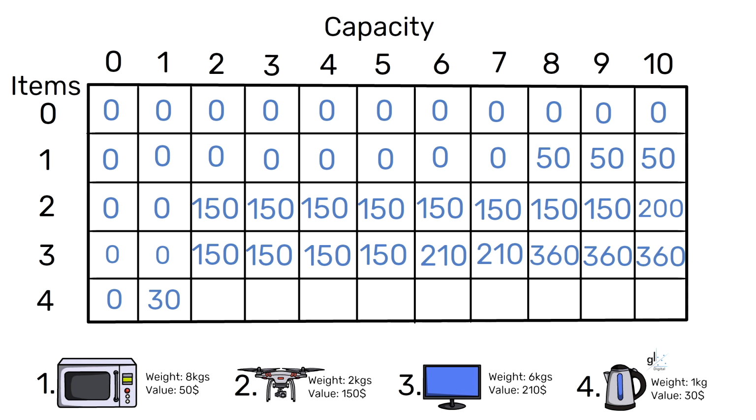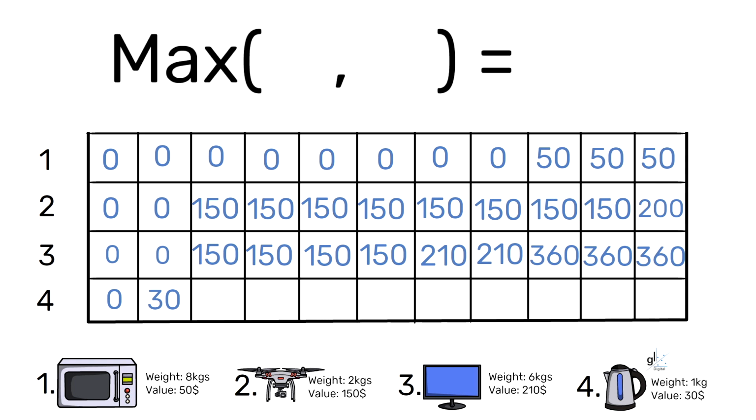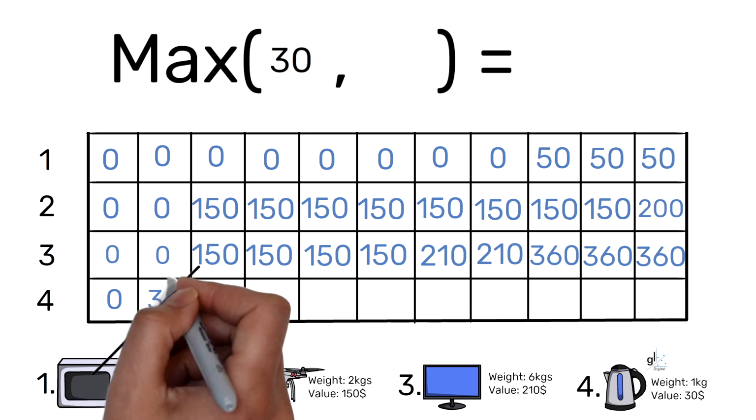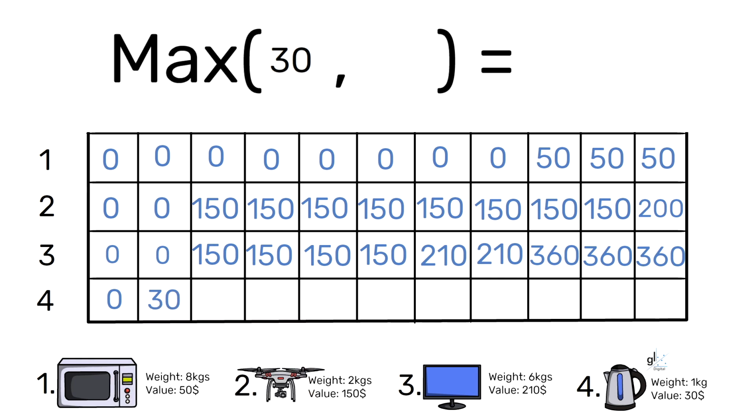So when the capacity variable is equal to 2, we can pass in the value of the kettle plus 0 as the first argument into the max method. So here we pass in a value of 30. The second argument we need to pass into the max method comes from the value that resides in the cell directly above the current cell, which is the value of the drone, 150.